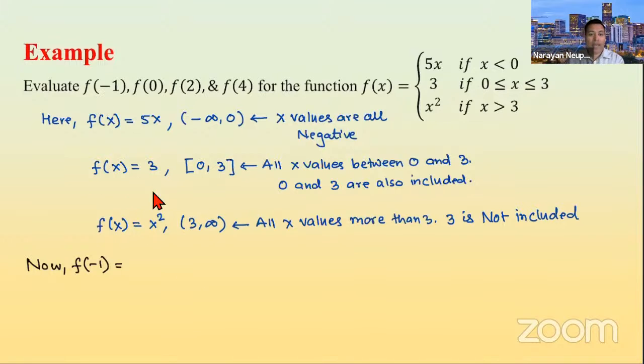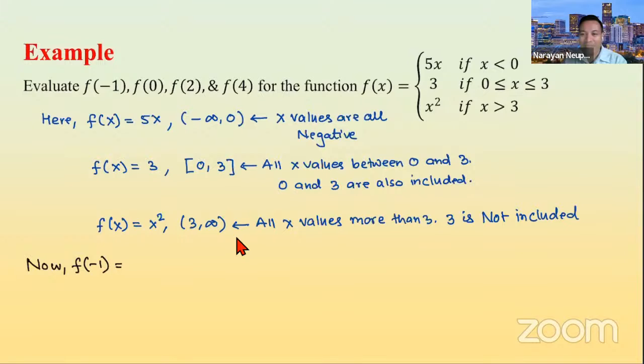When we say f of -1, okay, Vidya, you can unmute yourself now. To find the value of the function, you know that we plug in the value into the function, right? But where do we plug in -1? Do we plug in to the first one, the second one, or third one? Is -1 in the first interval, the second interval, or third interval?